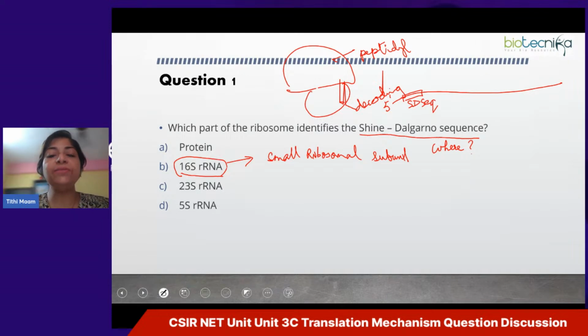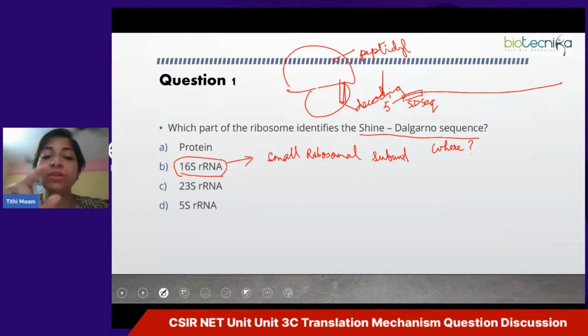If mRNA and tRNA binding happens there, that means the mRNA is attached to the smaller subunit. How does the ribosome know where exactly the initiation codon is? Translation cannot start from any random nucleotide; it can only start from the initiation codon, which has to be placed properly within the ribosomal subunits.